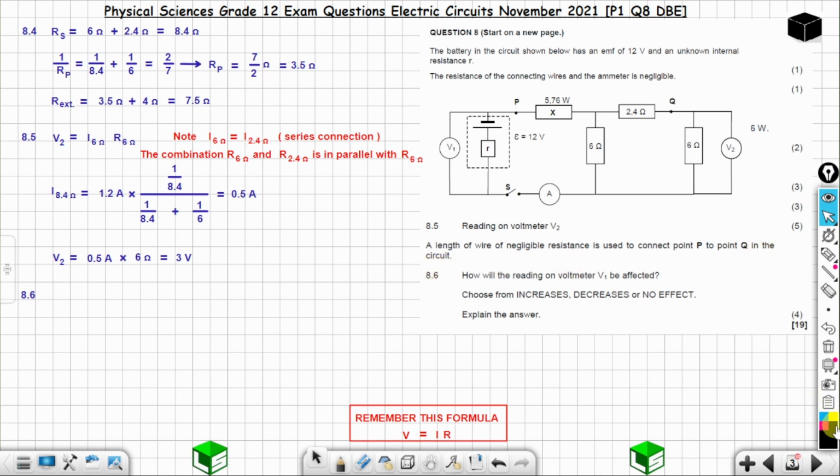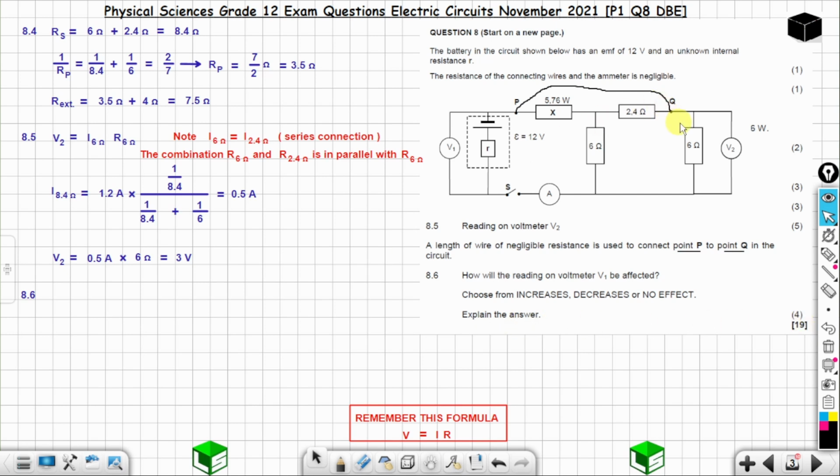They use a wire to connect point P to point Q, like this. Now, how will the reading on voltmeter V1 be affected? Choose from increases, decreases, or no effect. Explain the answer. 4 marks.